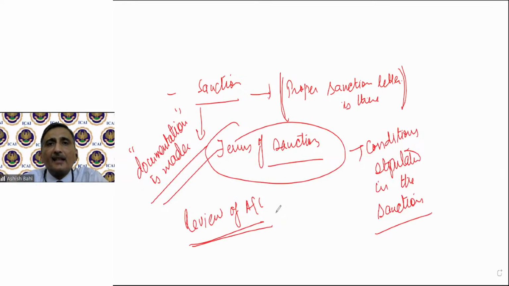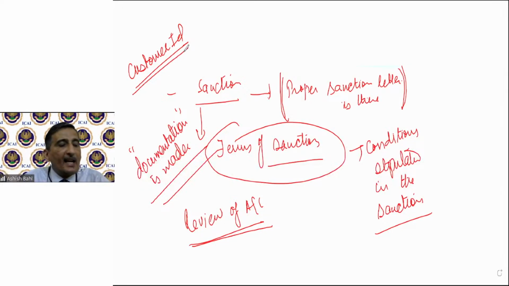And another example could be seeing that all the facilities sanctioned to a borrower are tagged under one customer ID, so that when you open the customer ID of that borrower, all the credit facilities granted to that borrower are displayed. Okay. Examine all large advances on a sample basis, the material accounts which are there in the branch.